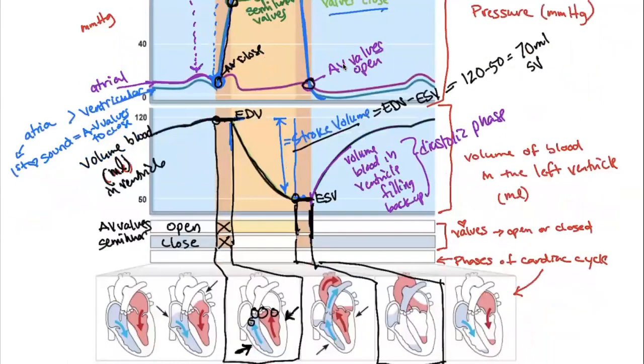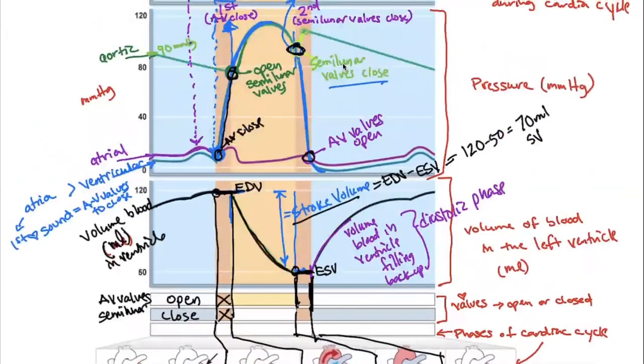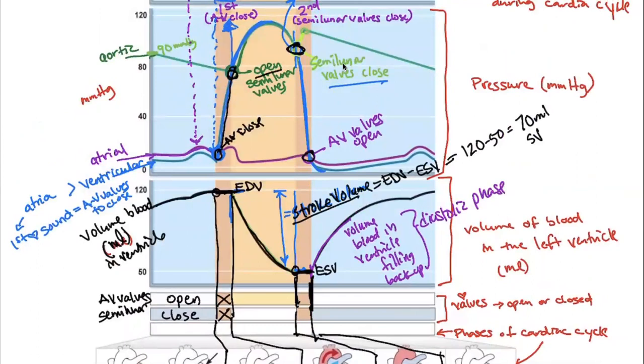And eventually, the pressure inside the ventricle gets greater than the pressure in the aorta and pulmonary trunk, and that's going to force the semilunar valves open, and blood will be ejected. So that is the stroke volume, right? So blood is being ejected. And as that happens, the pressure then changes. So the semilunar valves close here.